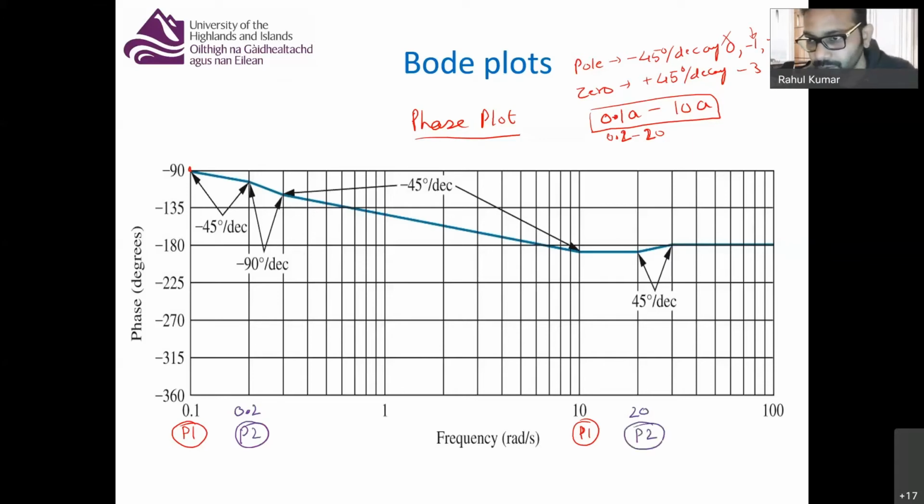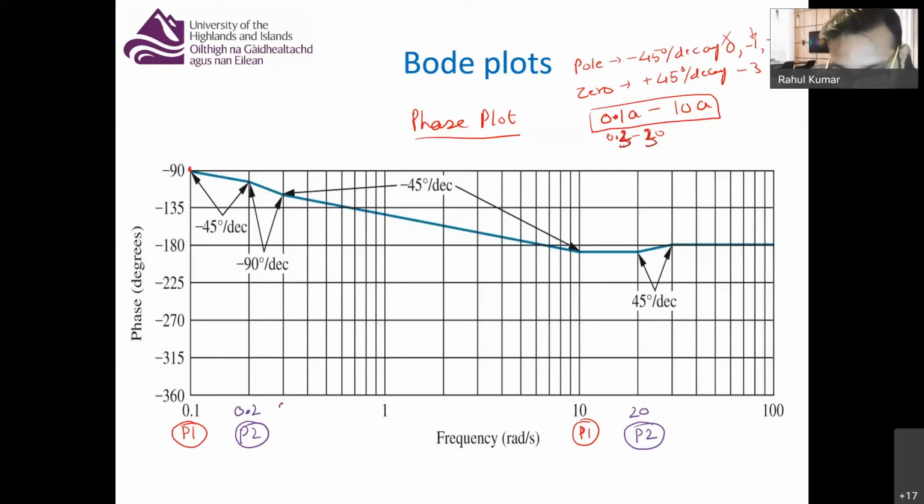And we have a zero at 3. Let's use a different color now, brown. The zero at 3 will also start its effect from 0.3 and go all the way up to 30.